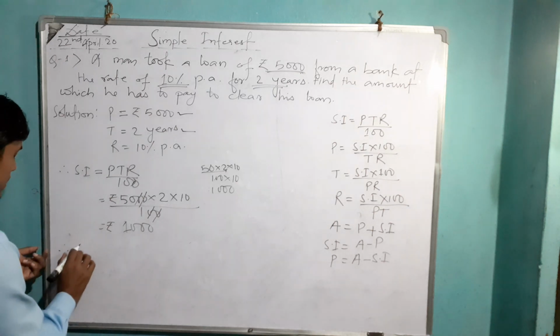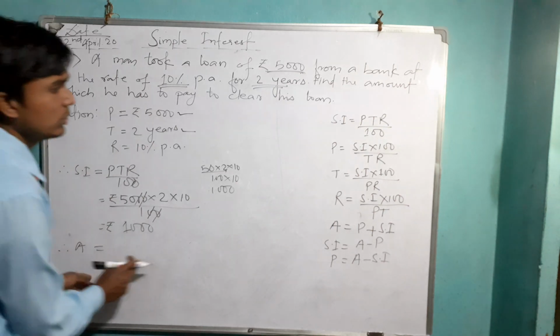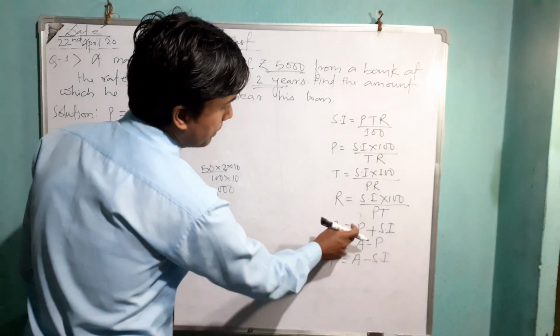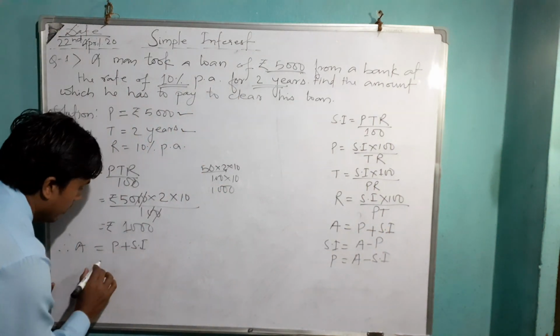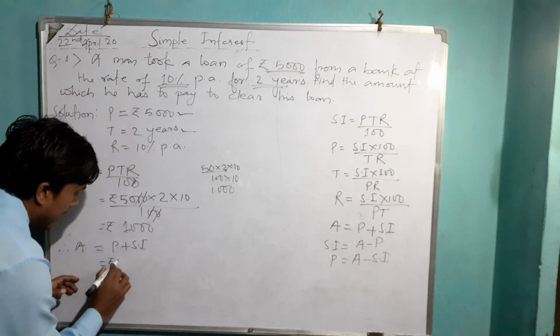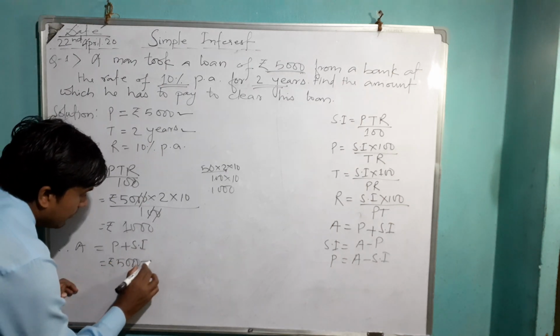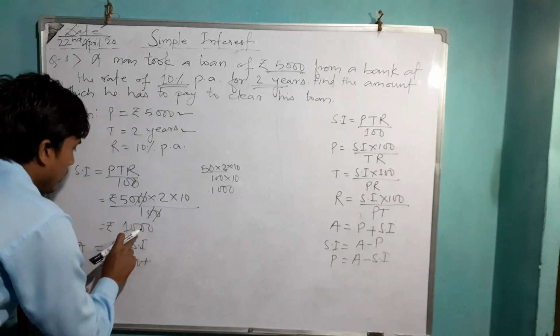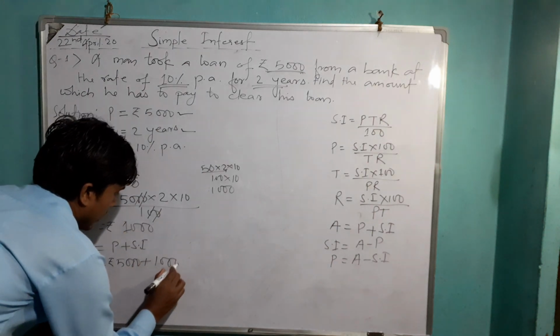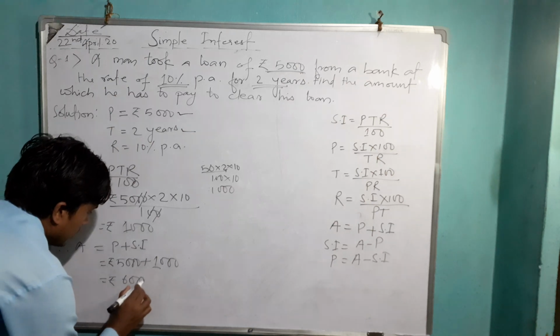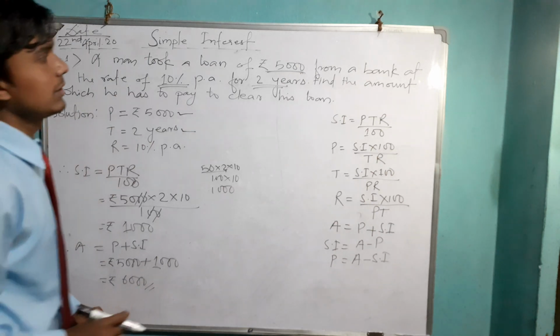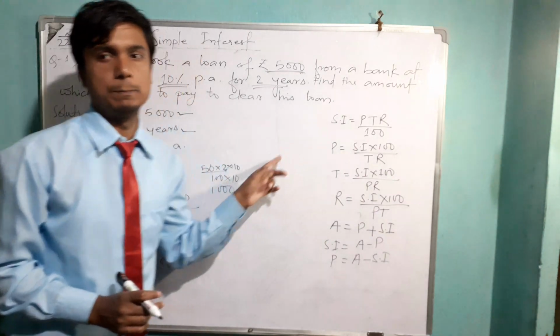Therefore amount equals, by the amount formula, P plus SI. Principal is rupees 5,000 plus SI, which we just got, 1,000, equals rupees 6,000. So the man has to pay 6,000 to clear his loan.